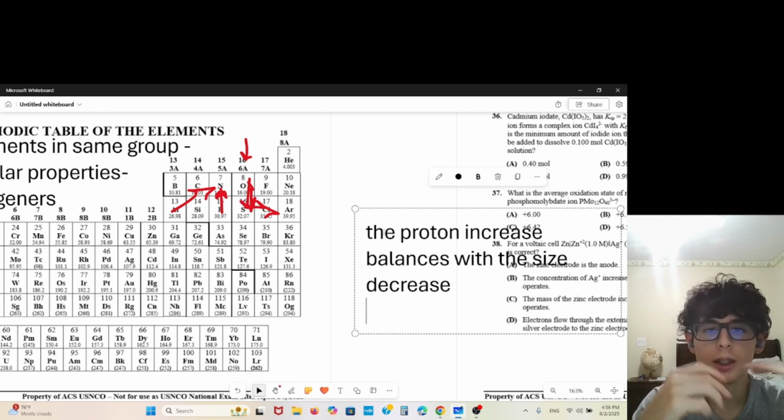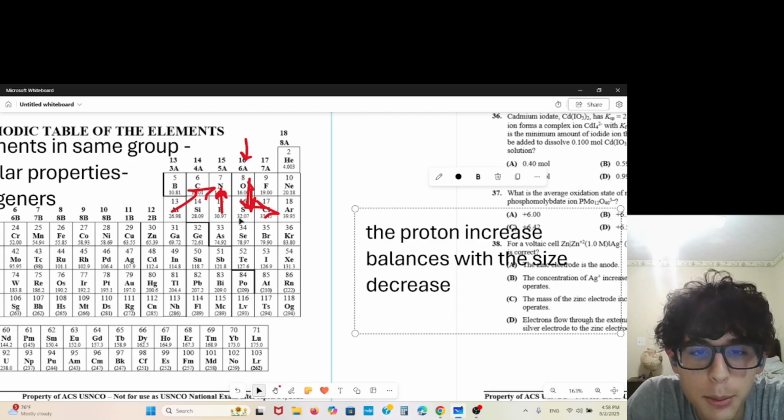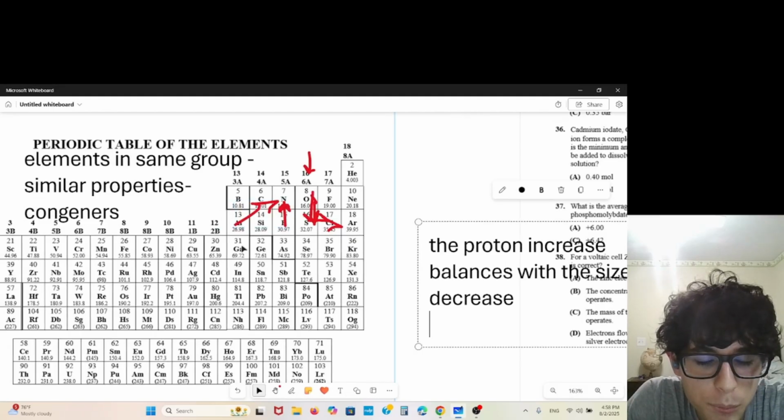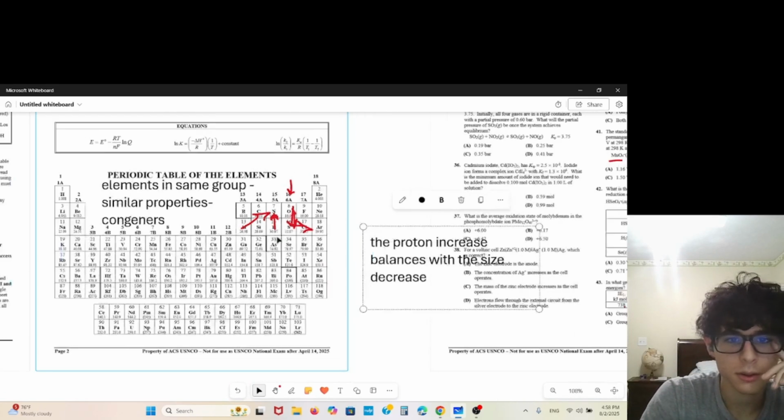In fact, I believe they're about 0.01 off on the Pauling scale, but I'm not 100% sure. Because there are so many electrons and atoms, the size decrease matches up with the proton increase. So it's going to be PNAS.